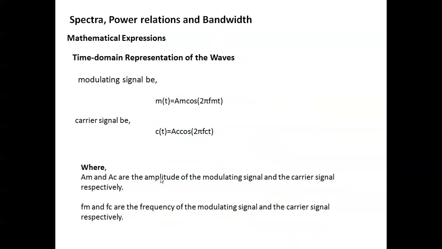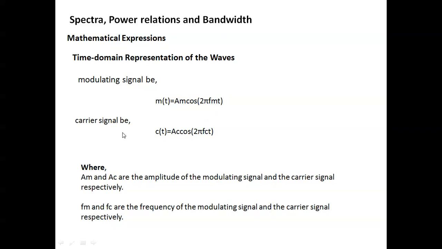Now we are going to see the mathematical representation of the AM waveform, spectra and everything. What is the mathematical expression for the AM waveform? It is the time domain representation of the AM wave. The modulating signal is denoted as m(t) equal to AM cos 2 pi fm t, where fm is the frequency of the modulating signal and t is time.